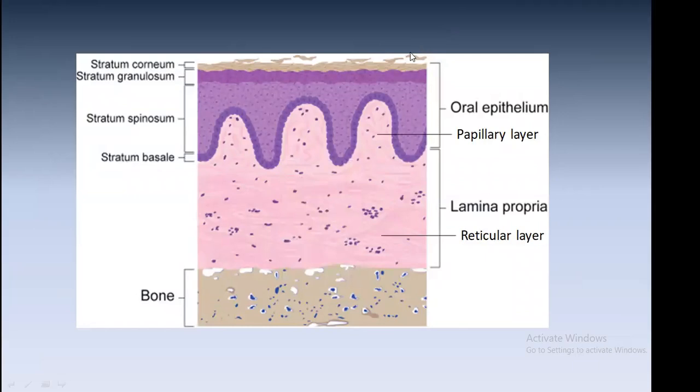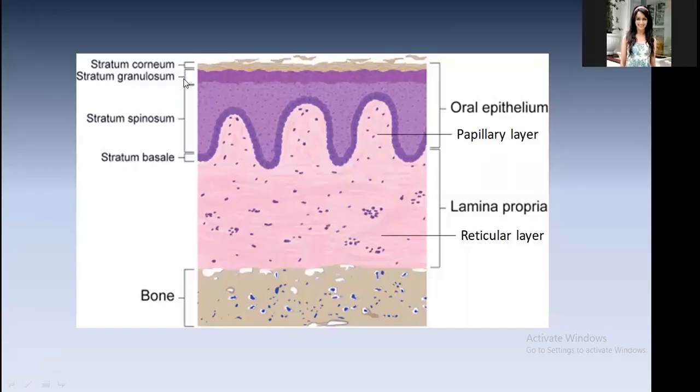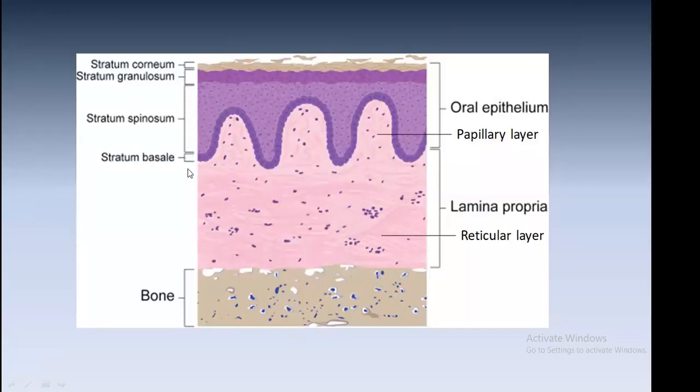Now, if you can see, the epithelium is here. The epithelium with its layers, 4 layers of keratinized epithelium. You have rete ridges. Rete ridges are nothing but projections of epithelium into the connective tissue.